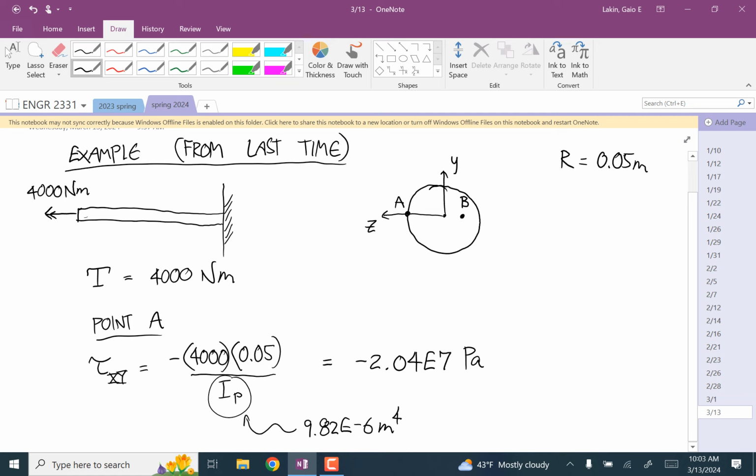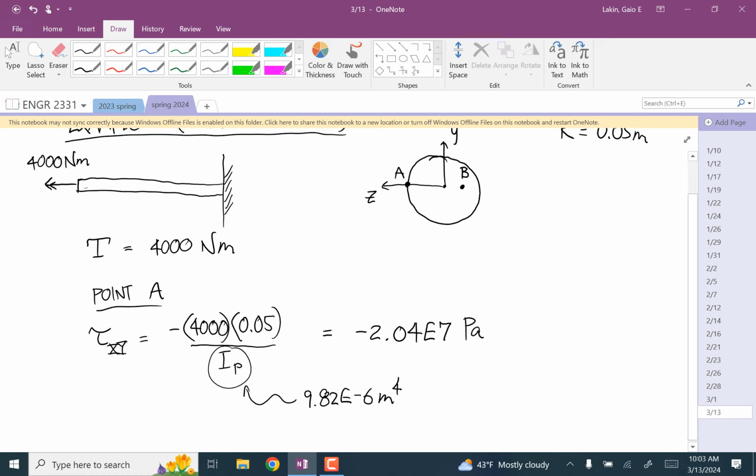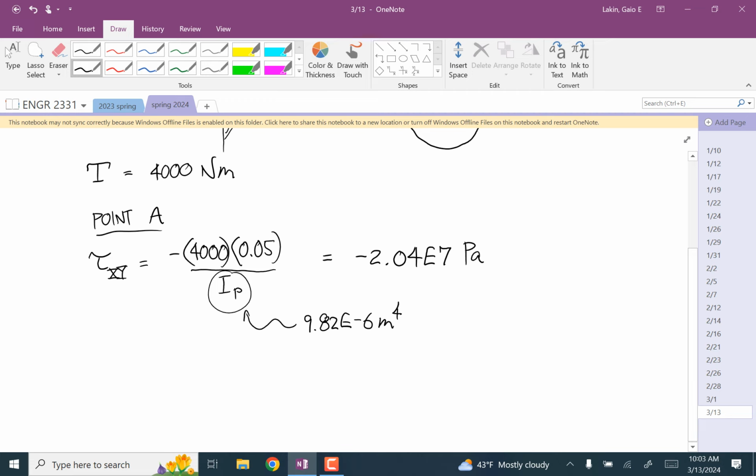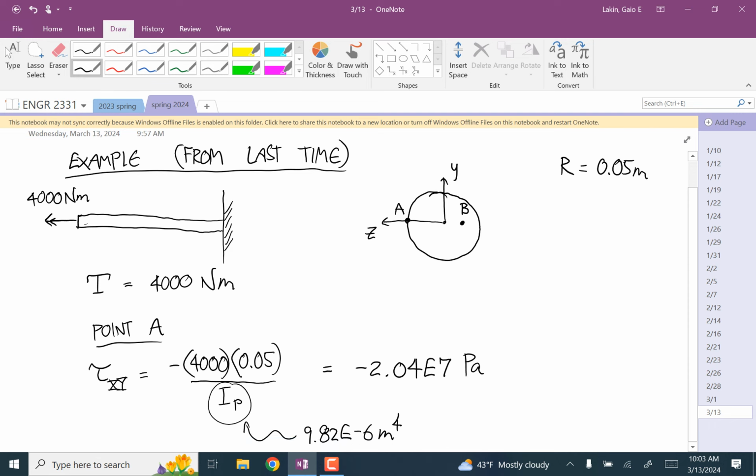So first we did this point A. And remember that the formula gives us the XY shear stress for a capital coordinate system.